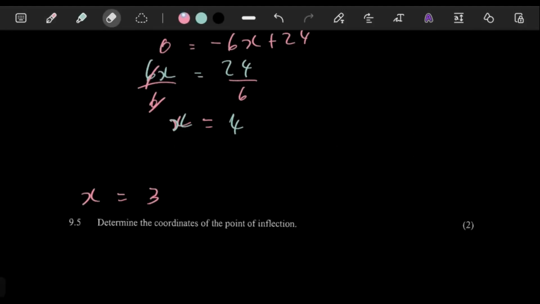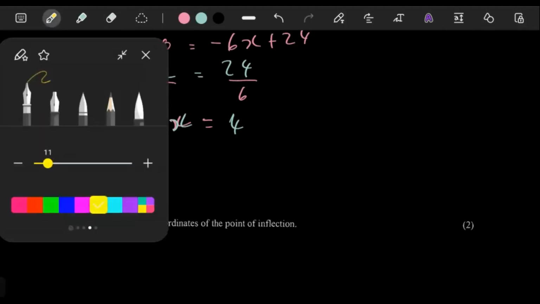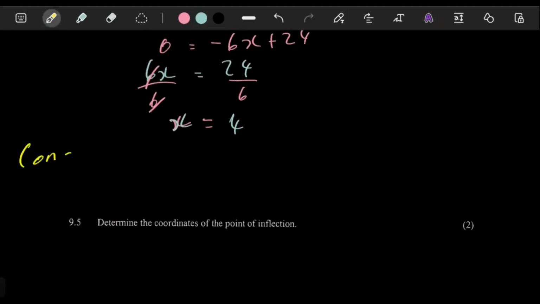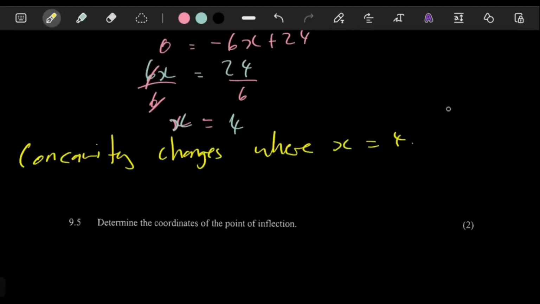We said x here is 4, right? That's where the concavity changes. So let's state that concavity changes where x is equal to 4.